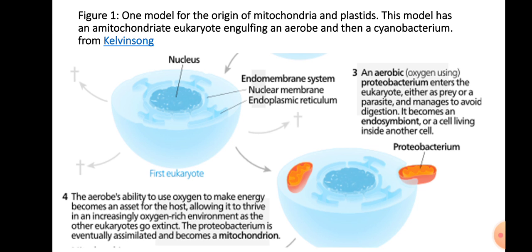You see here how a proteobacterium is in the process of entering the cell. Then here you see that the proteobacterium is already in the cell. The aerobe's ability to use oxygen to make energy is an asset for the host, allowing it to thrive in an increasingly oxygen-rich environment as other eukaryotes go extinct. The proteobacterium is eventually assimilated and becomes a mitochondrion.